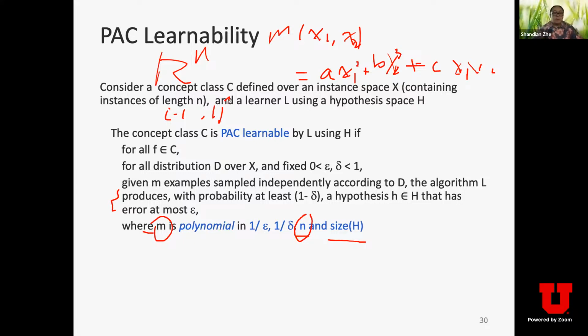Okay, great. This is a very lengthy definition, but the key idea is pretty simple. If some learner algorithm can use not too many examples, just polynomial in the factors which decide your performance, to achieve that performance, then your learner is considered efficient, and it can PAC learn the concept class.